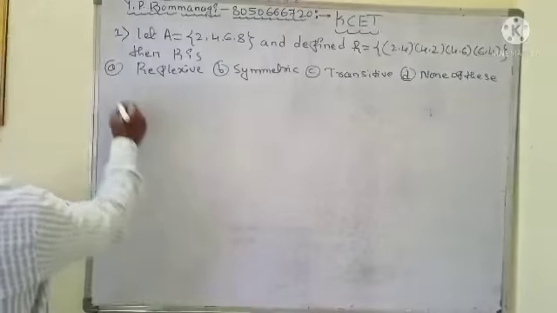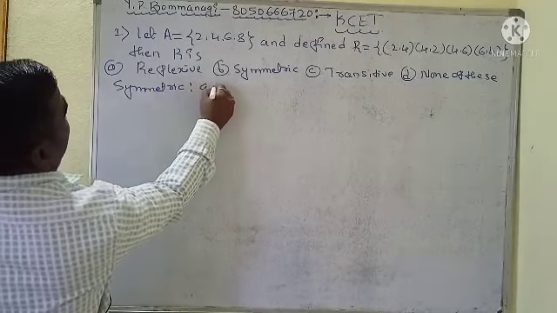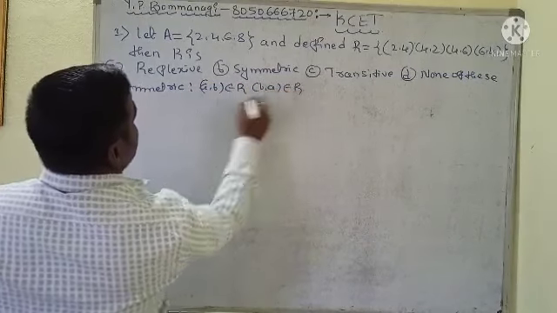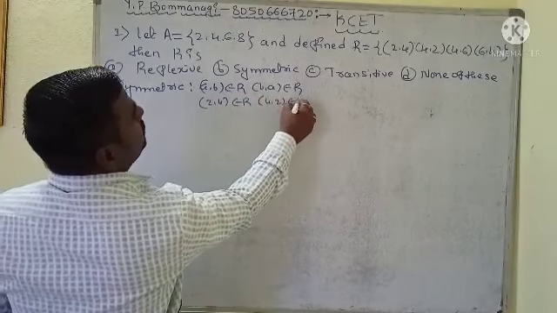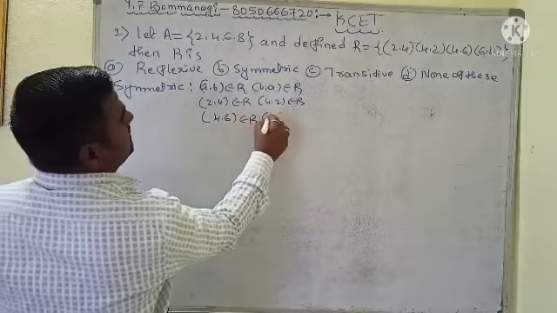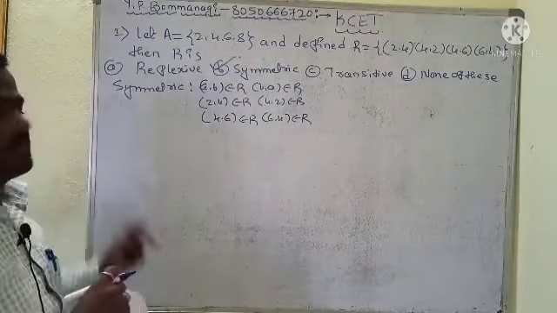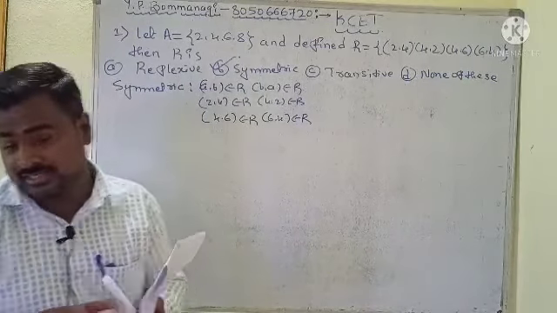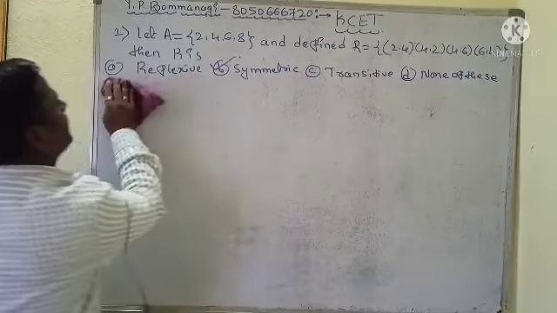Hence, that is symmetric. Clearly, if (a, b) belongs to R then (b, a) belongs to R. So (2, 4) belongs to R and (4, 2) belongs to R; (4, 6) belongs to R and (6, 4) belongs to R. Hence the answer is symmetric, a quick answer. When you know the definition, it is easy to identify the answer. I will go to the next one.